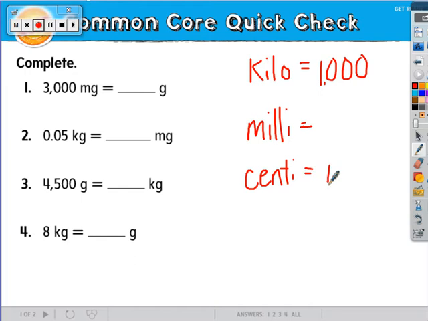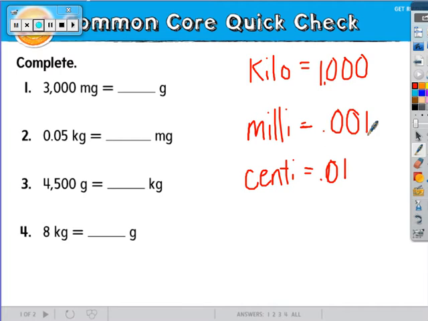But it's not 100, it's 0.01. So milli, is that bigger or smaller than centi? Smaller. And it's 10 smaller, so it's 0.001. So that's thousandths. Okay? And then you have your grams and your meters, which are your standard unit.